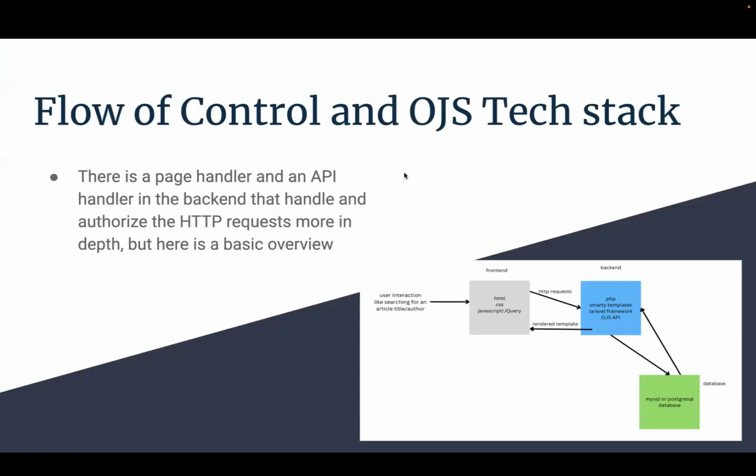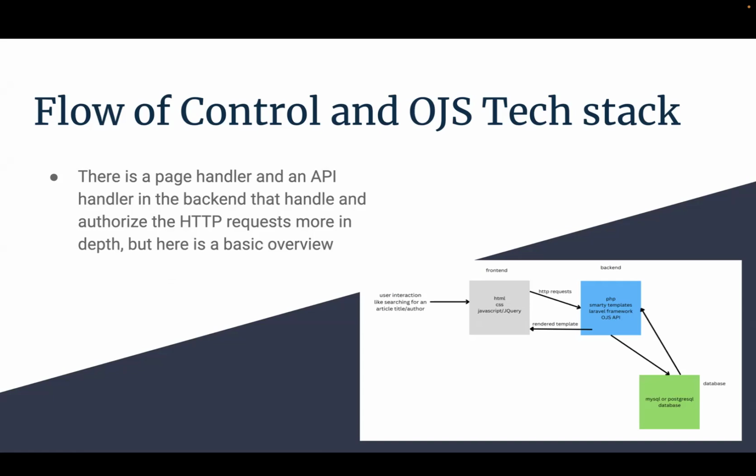So for the flow of control in the OJS tech stack, there's a picture of it below. When a user interacts with an article, the front end, which consists of HTML, CSS, JavaScript, and the jQuery framework, sends HTTP requests to the backend, which consists of PHP and the OJS API.